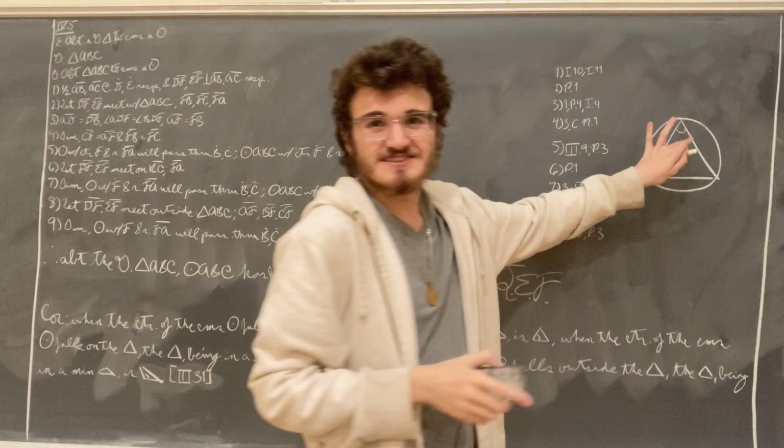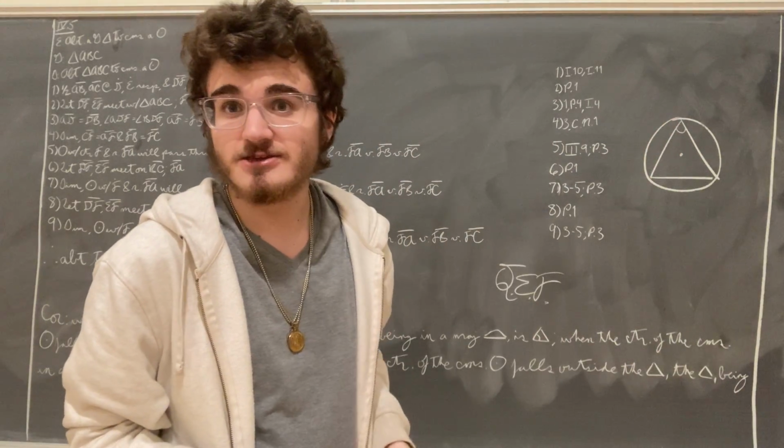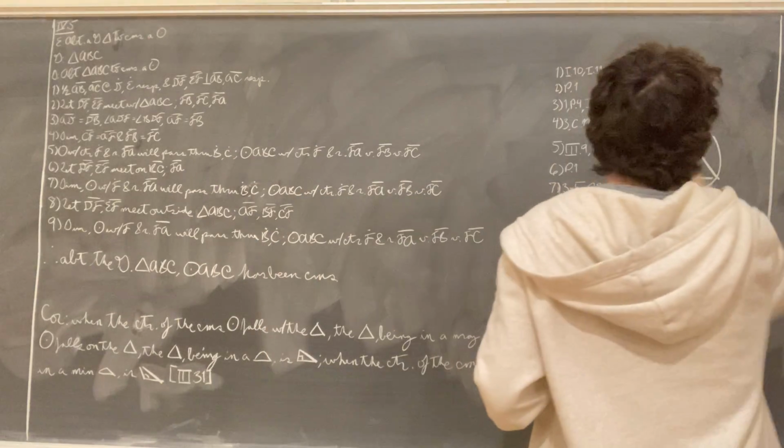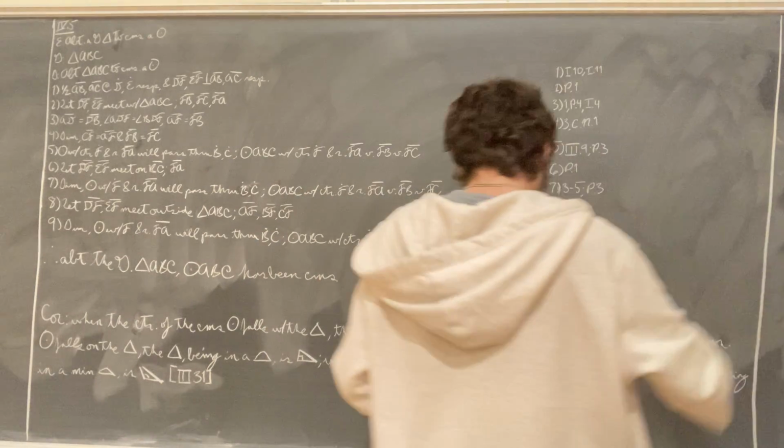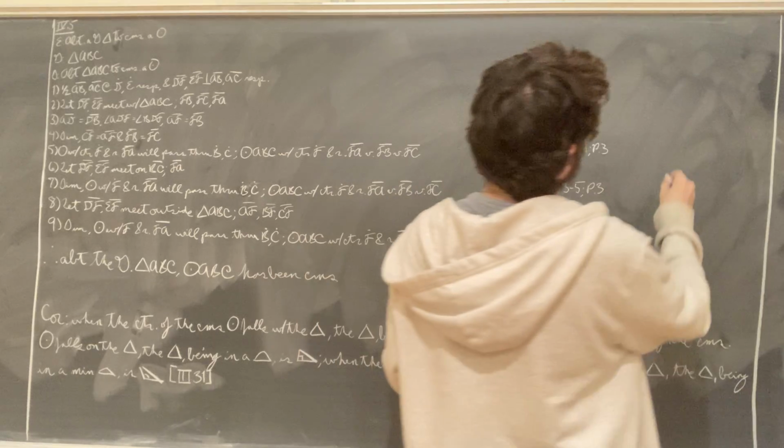We know that this angle here is an acute angle by proposition 3.31, of course. And that angle being acute, the whole triangle has to be an acute triangle.